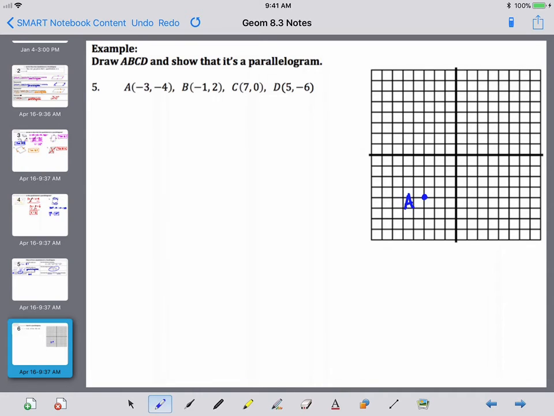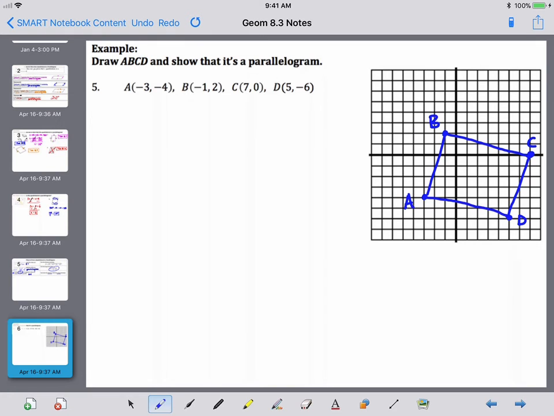B is at -1, 2. C is at 7, 0, so we're just going to go right 7. And D is at 5, -6. So here is our quadrilateral, and we're trying to prove whether or not this really is a parallelogram.